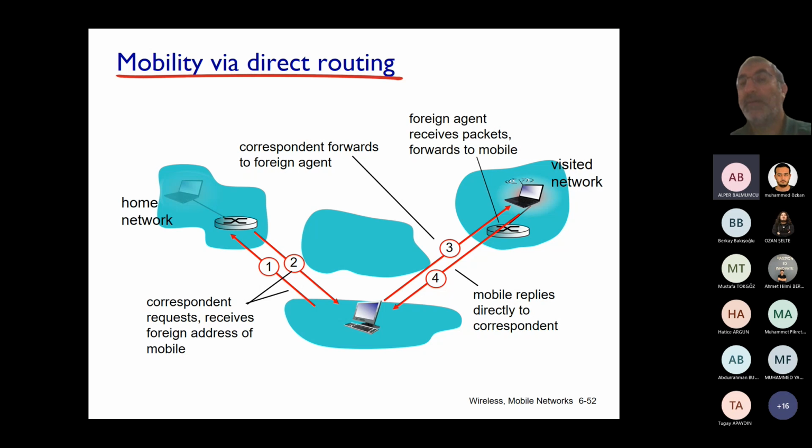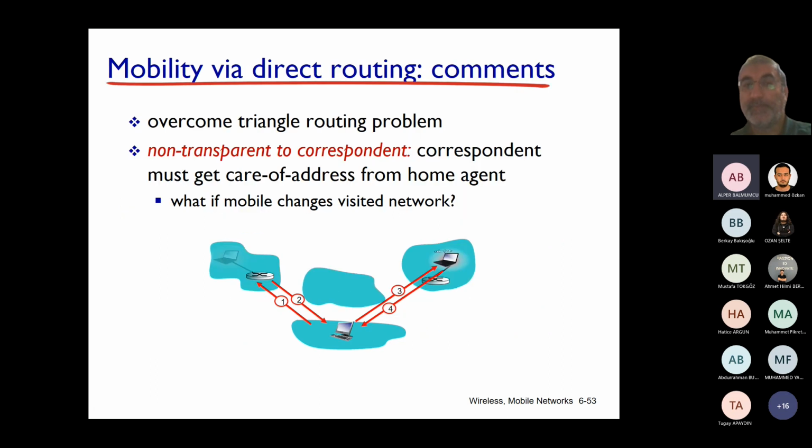In the third step, the foreign agent receives these packets and forwards them to the mobile device, and mobile replies directly back to the correspondent. This is called direct routing. The main difference is we remove this connection between the home network and the foreign network.